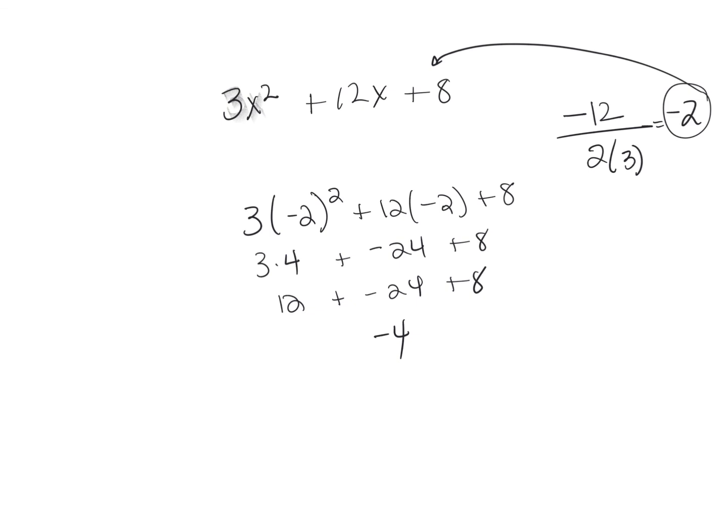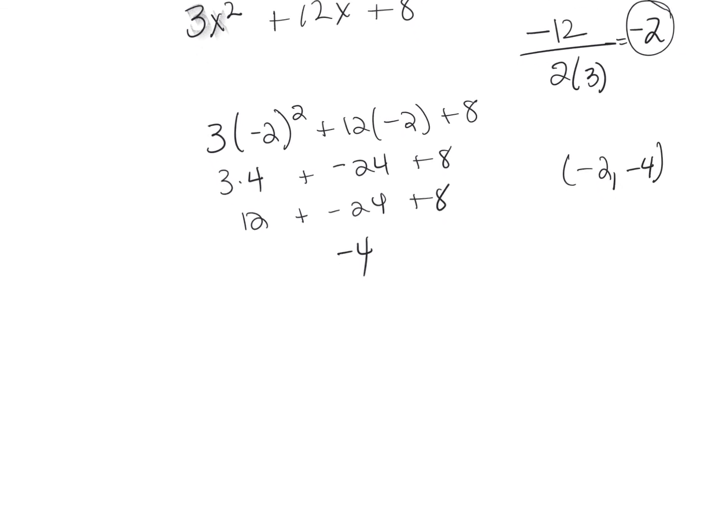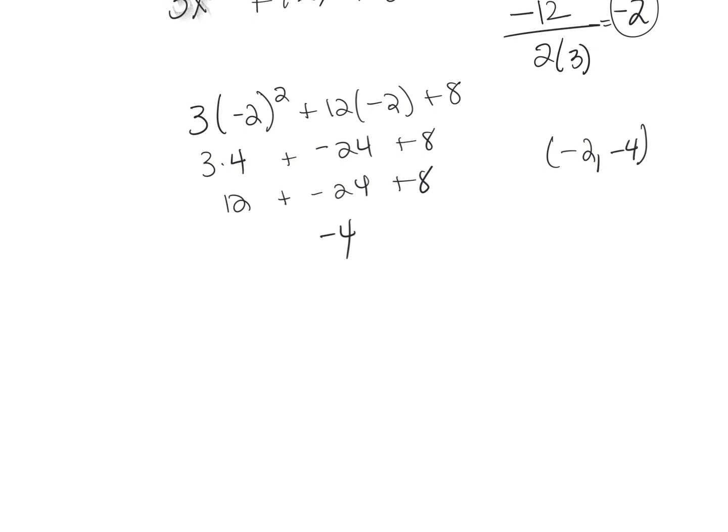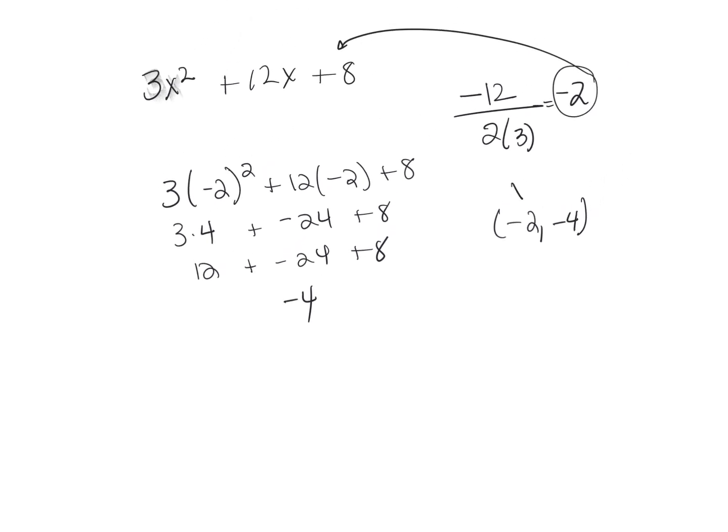So now I have my negative 2, and did I do that math right? I think I did. Yeah. And negative 4. That's my h and my k. This is my x, and this is my h, and this is my k.